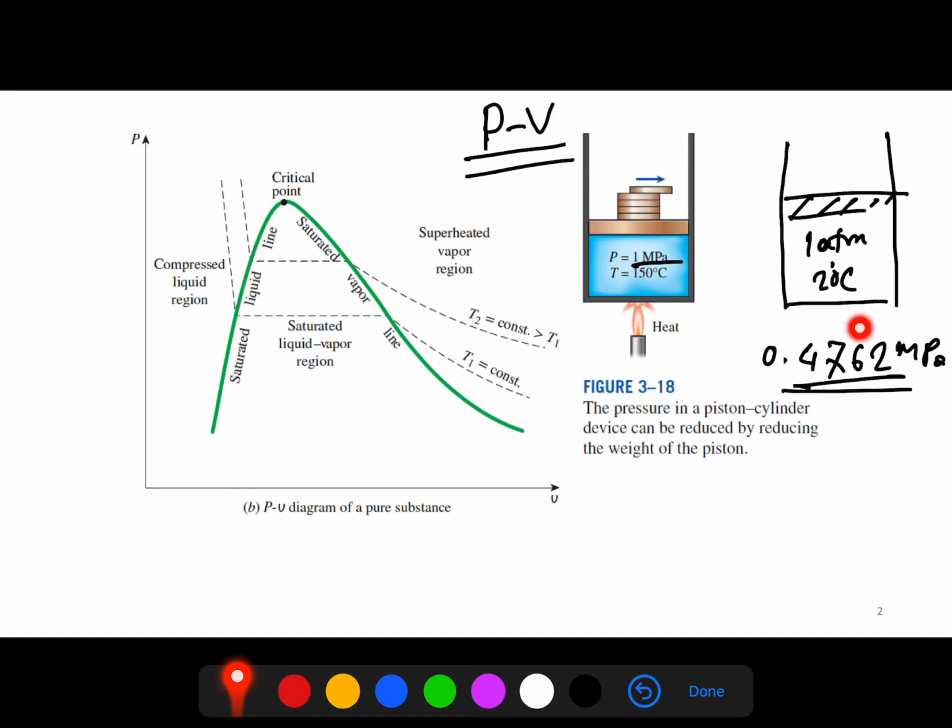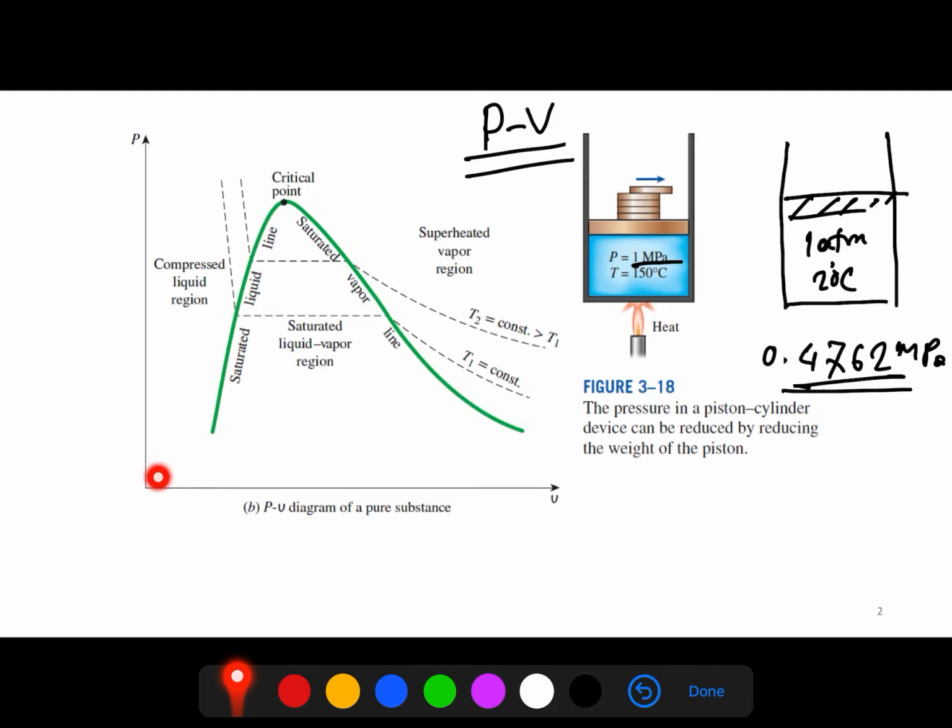This is the phase where the temperature is constant, so pressure is also constant at this phase. When every single drop of the liquid has transformed to vapor, then we will experience the pressure drop again.